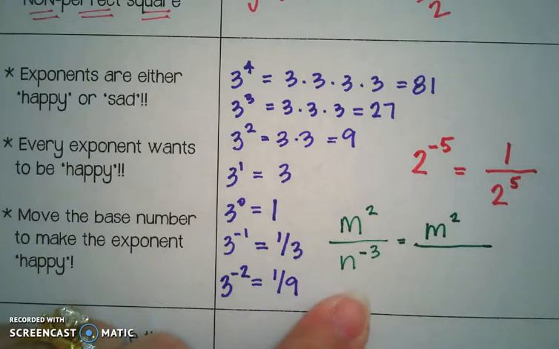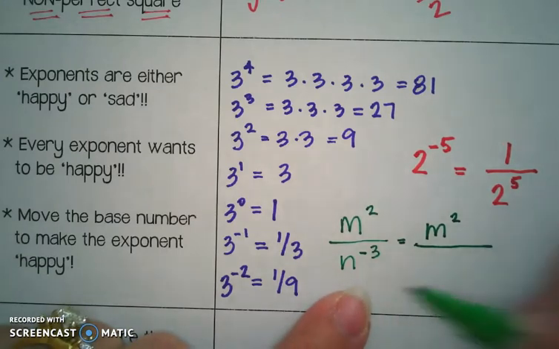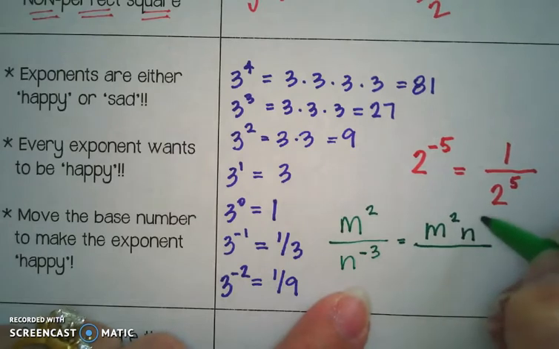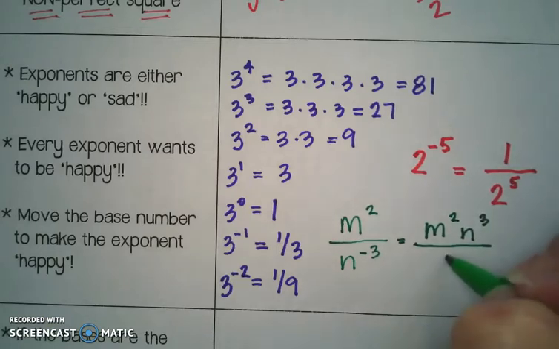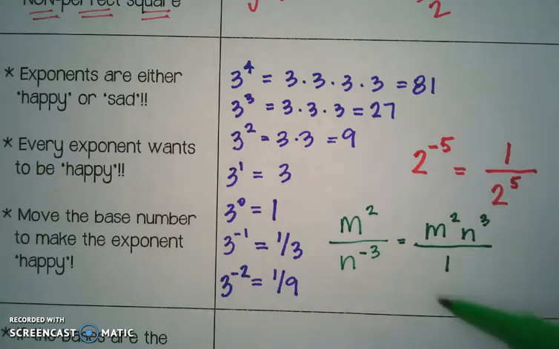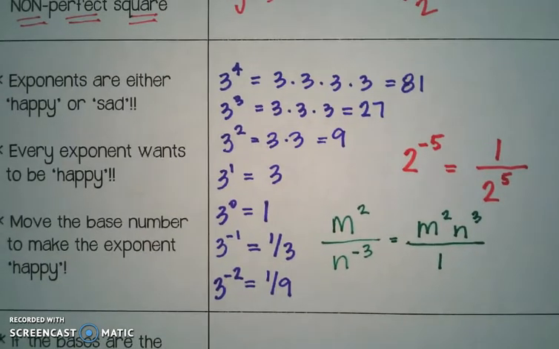The n is unhappy in the denominator, so we can move the n to the numerator, and now it's happy. And again, when something is cleared in a fraction, it's not cleared to 0, it's cleared to 1. In that case, we don't need the 1 on that one. We do need the 1 on this problem. On this problem, the 1 is not necessary. So anytime you see negative exponents, that's just telling you to do the reciprocal.